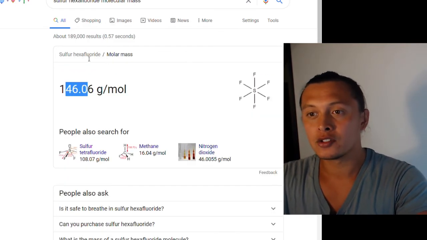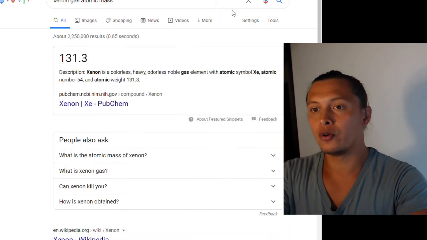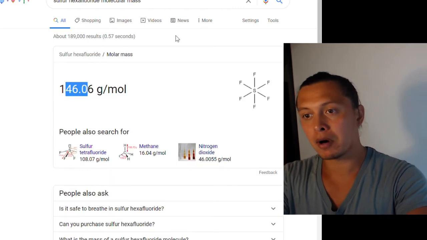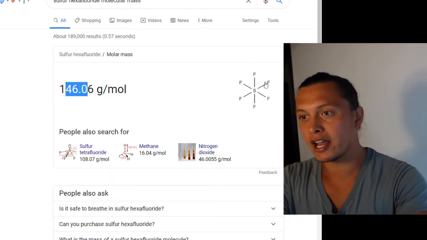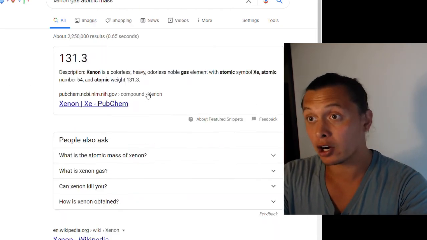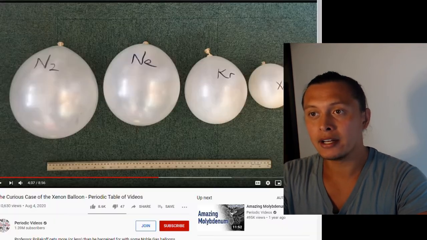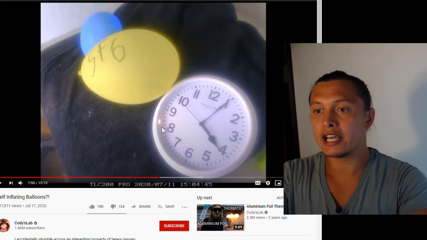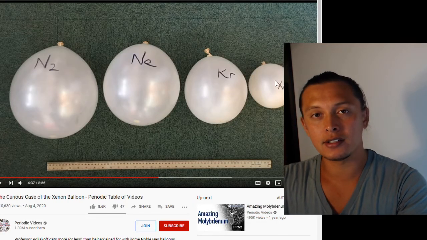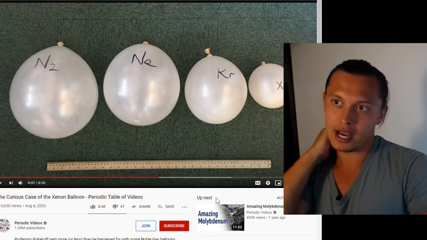So sulfur hexafluoride is actually very similar in size to xenon, in fact, a little bit bigger. Why did sulfur hexafluoride end up resulting in the balloon getting larger rather than getting smaller, as is the case with xenon? So this is what I'm going to tell you.